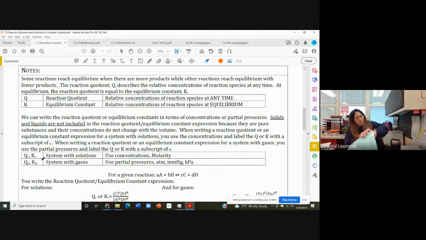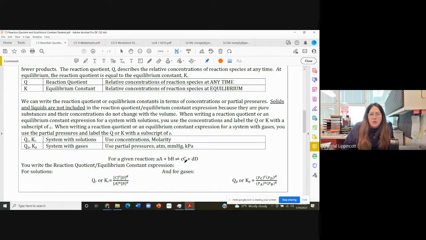P stands for pressure. They also have Ka, which deals with acids. That's next unit, along with Kb, which deals with bases. Again, next unit. And Kw, which deals with water, we cover in the next unit. But these are written out here if you need them on a test or AP exam or anything like that.